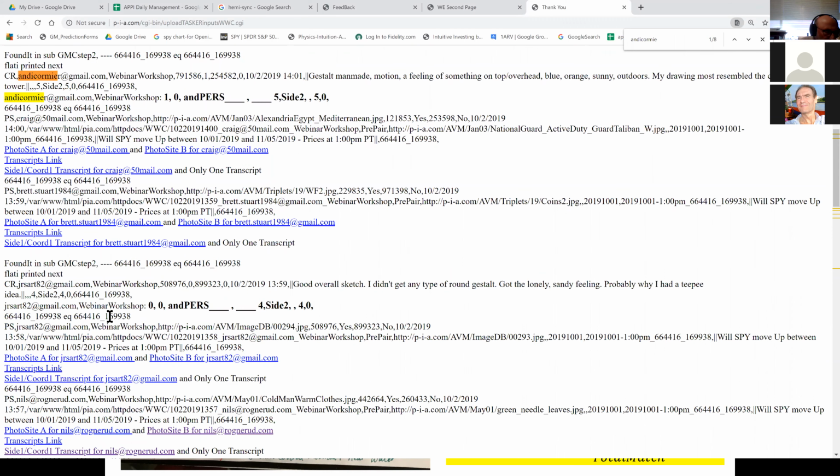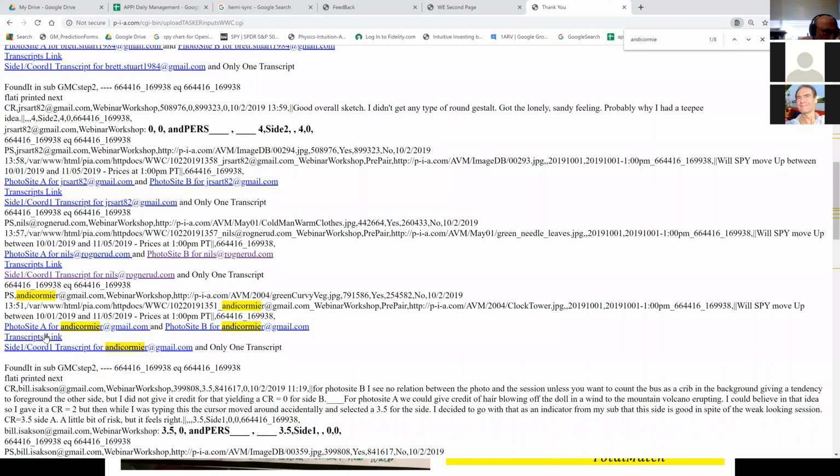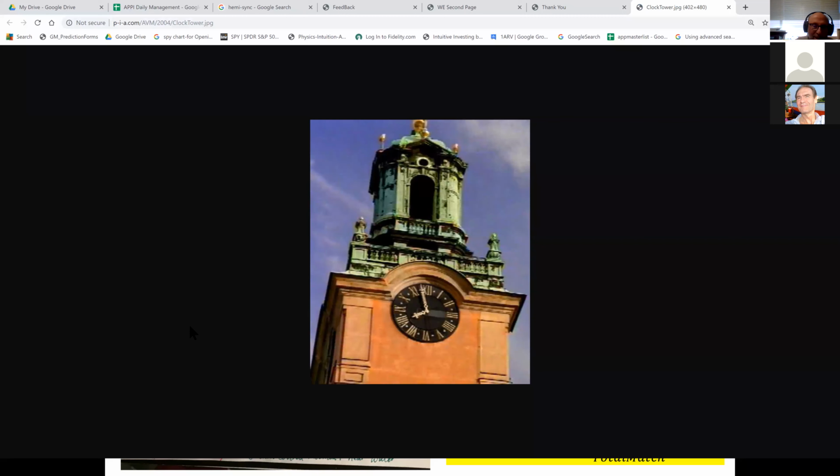But down here, because they come in first, so here you are. You were photosite 2, which is photosite B, and there's your transcript. So let's first look at this and let's see what our first impression gestalts are. Again, you're all doing this sort of yourself, but there are some.